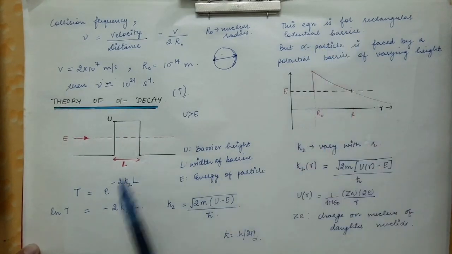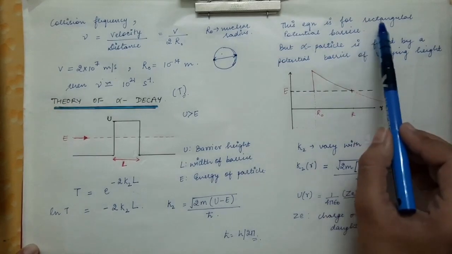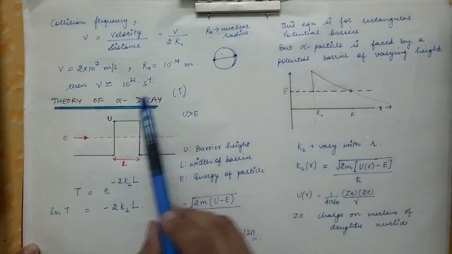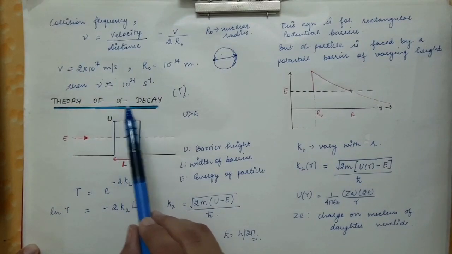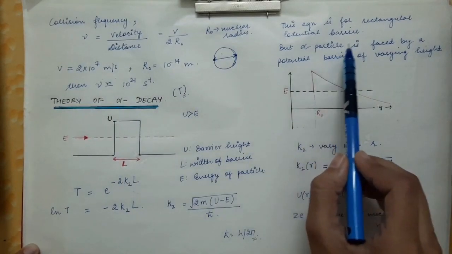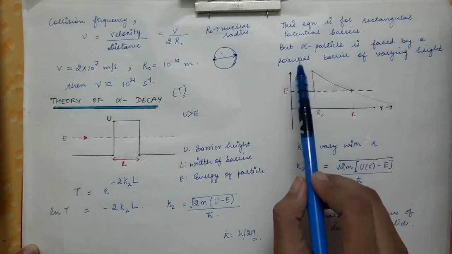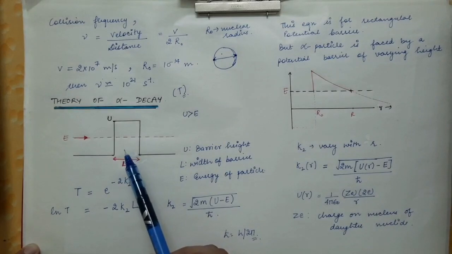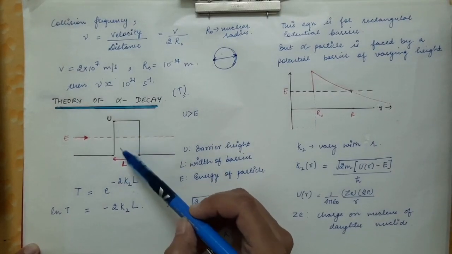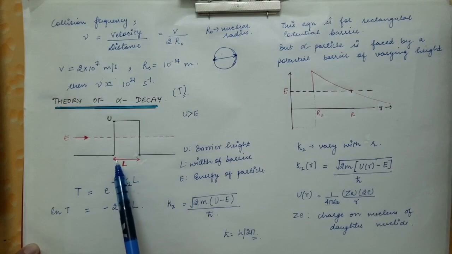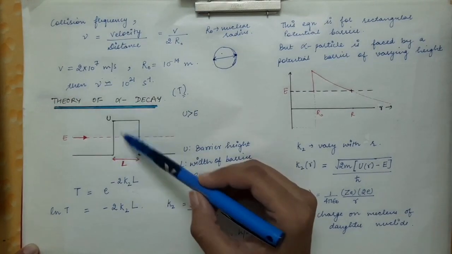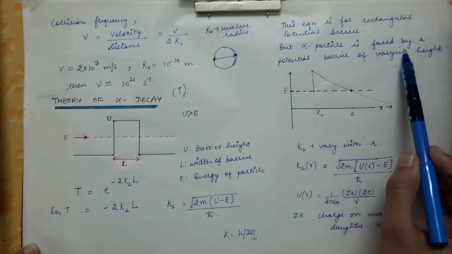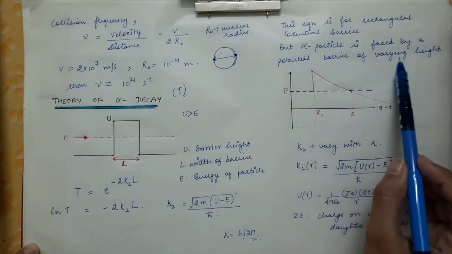This equation is for a rectangular potential barrier, but in alpha decay the alpha particle faces a potential barrier of varying height. In the case we have seen, the height of the potential barrier is constant up to a certain distance, but the alpha particle is faced by a barrier of varying height.